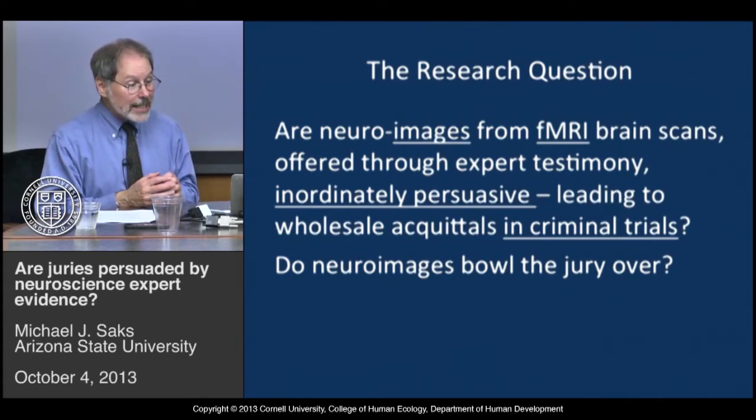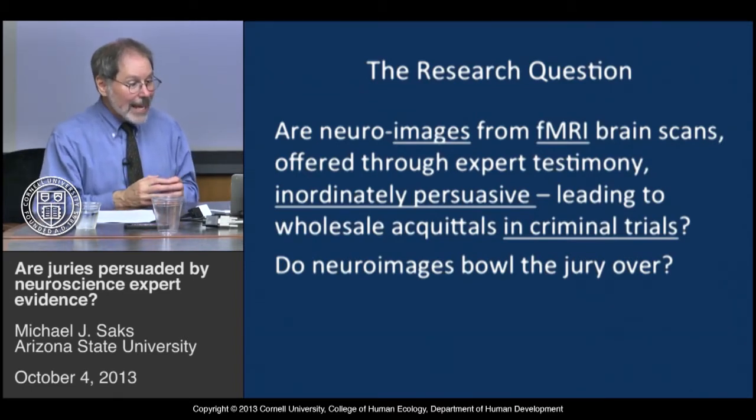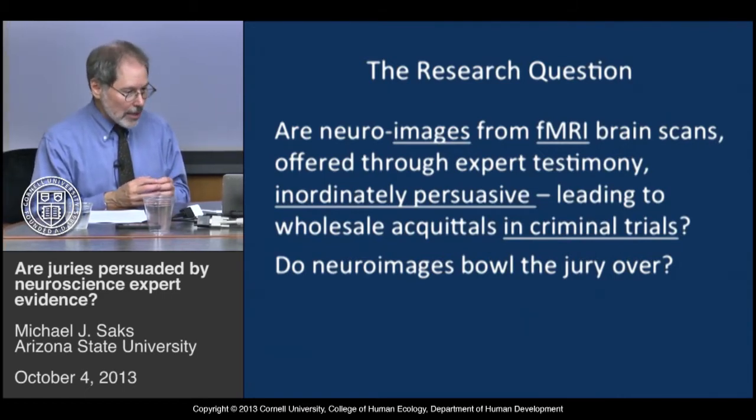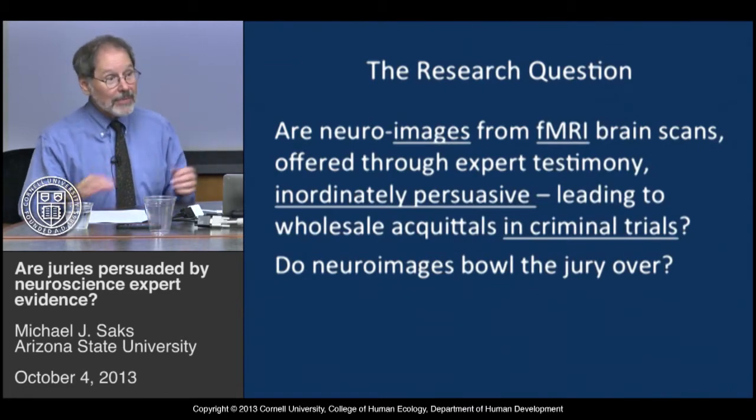Are they inordinately persuasive, which kind of takes us back to your question. And does that lead to wholesale acquittals in criminal trials? Or, putting it really briefly, do neuroimages bowl the jury over or not?